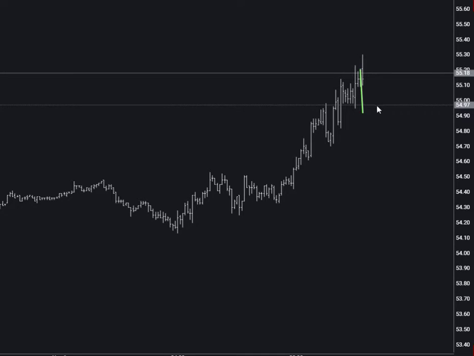Other times, you might want to wait for an actual entry technique to get in. I personally use this technique because it keeps me out of trouble and stops me from taking impulsive trades. It helps me frame the day and allows me to sit back on my hands and wait to get a solid entry. Now that you know what we're looking at, let's take a look at how well this technique actually works.